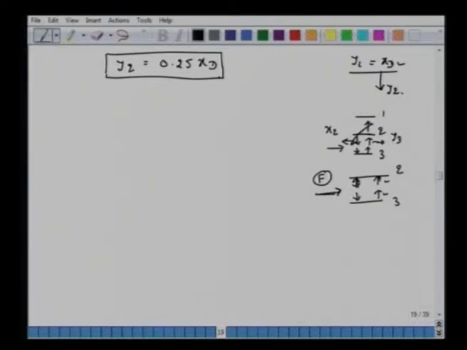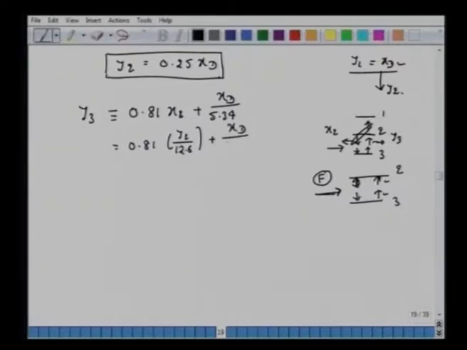Okay, y2 and x2, they are in equilibrium. y3 and x2 will be given by the operating line. So we write down the same expressions now for y3. y3 equal to 0.81 x2 plus xt over 5.34. But again, x2, this stream, is in equilibrium with this stream y2. So we can substitute from the equilibrium curve, y2 over 12.6, plus xt over 5.34.